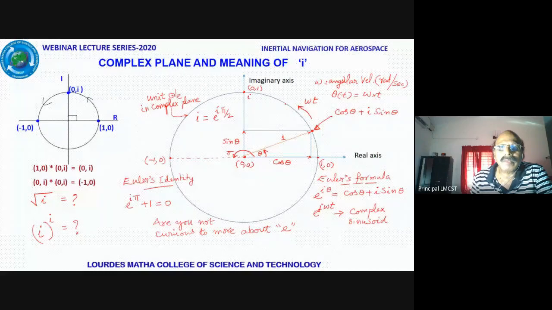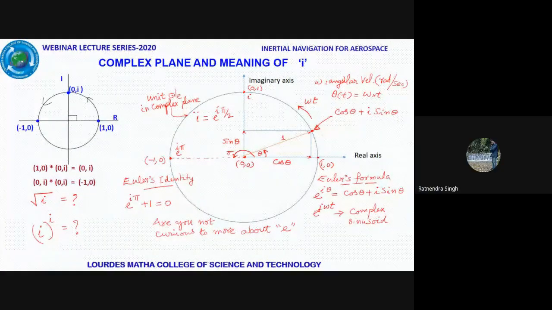Whatever is the angle, e raised to i into that theta. This point is e raised to i pi, this point is e raised to i pi by 2, and that point is i itself. Correct? You got it?